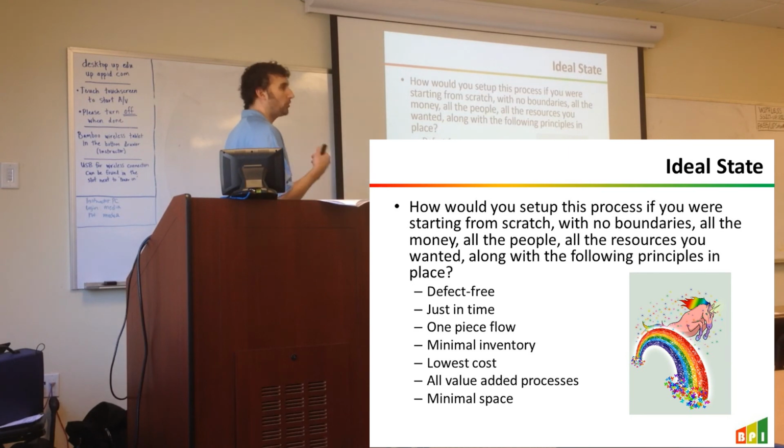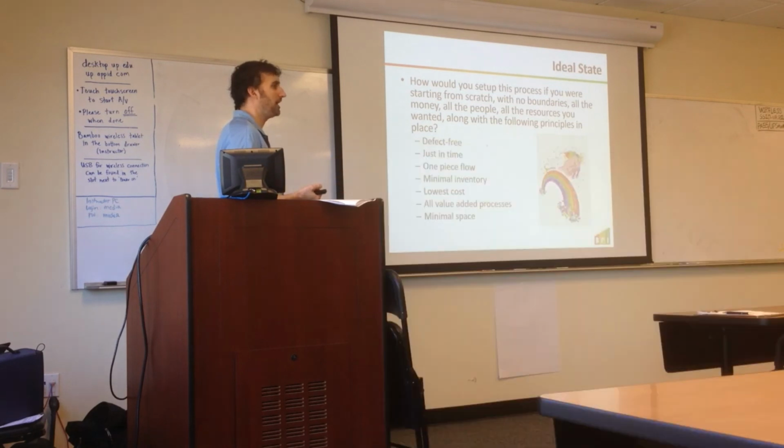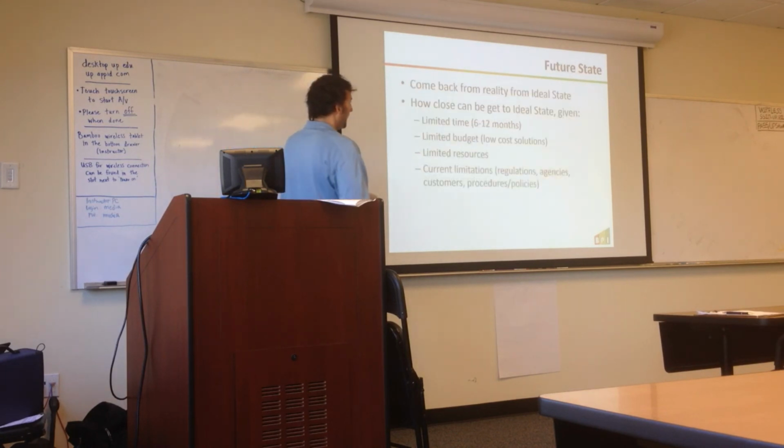So it's this perfect world, and again, it's to break people out of their current thinking. Well, we can't do that, the system won't let us do that. That's okay. We're going to put it up here. You'll be surprised how many things we can do and move towards ideal state once we've got our mind around that.